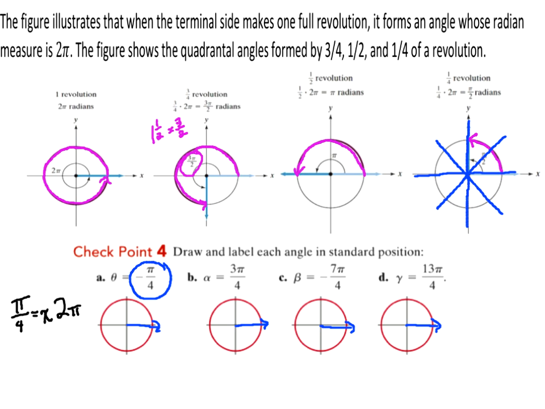So I need to know what factor I would multiply 2 pi by to tell me how far around the circle I need to go. That's what that variable x is standing for, the amount of the circle.